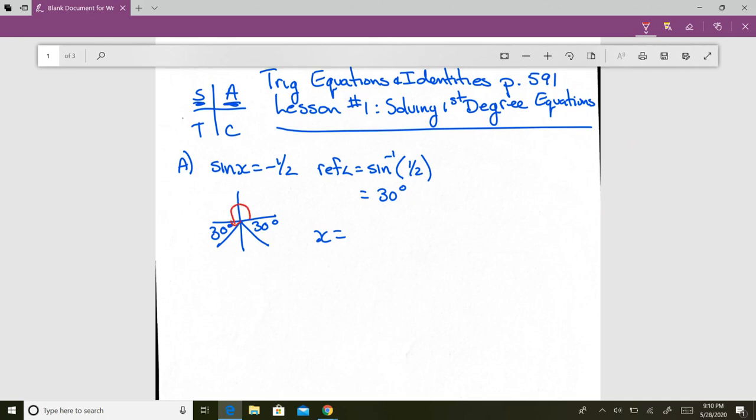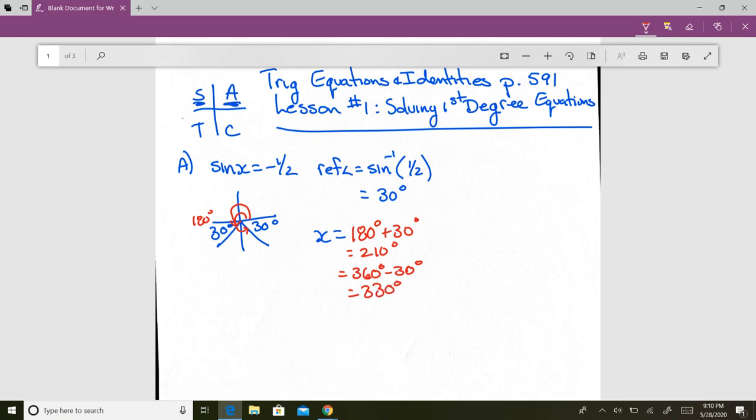To get to there, that is going to be 180 plus 30, which is 210. And then to go all the way to there, that's almost to 360. So it's 360 minus 30 degrees, which is 330.